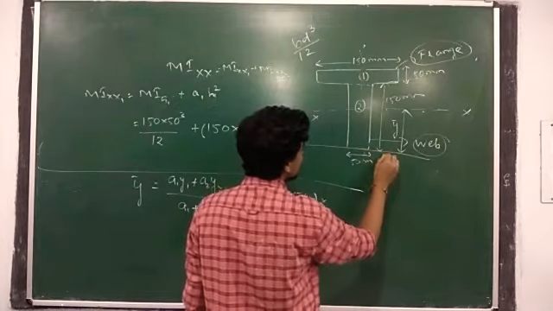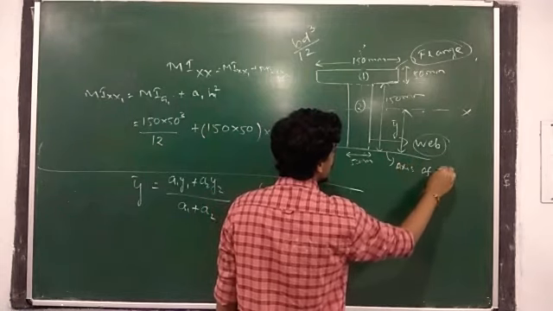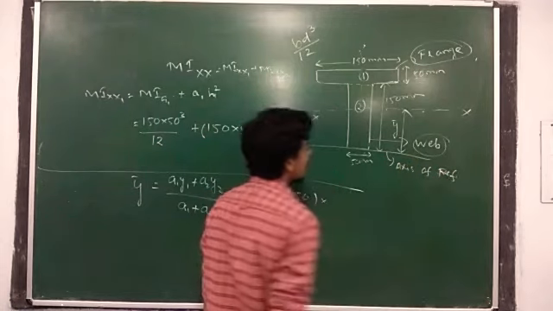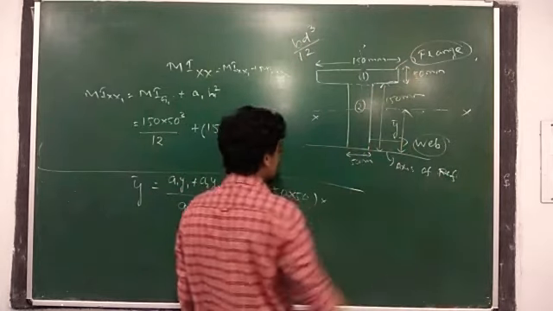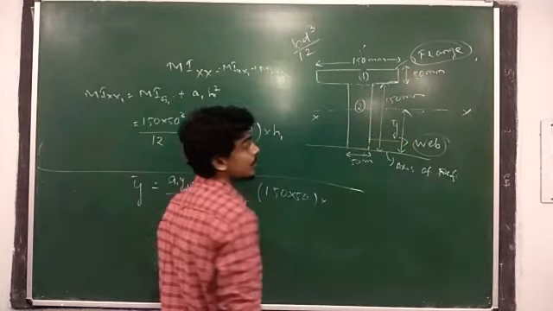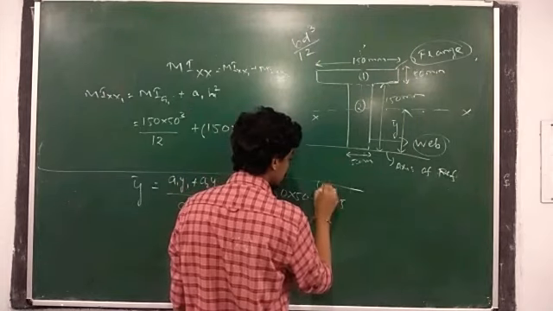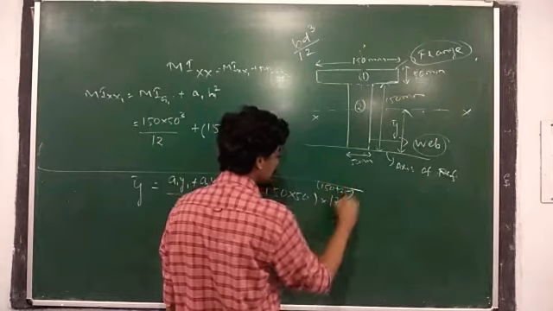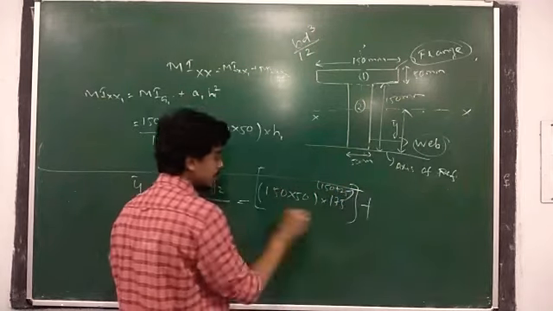The bottom axis will be our axis of reference. So this much distance will be here 150, here half. 150 plus 25, that is 175. I am writing here in bracket 150 plus 25. Okay, this is one term.